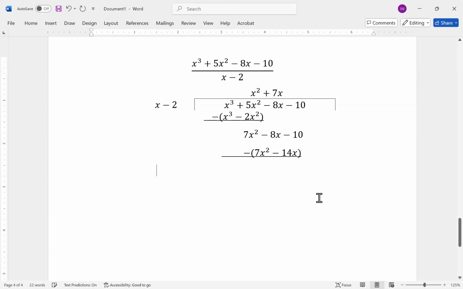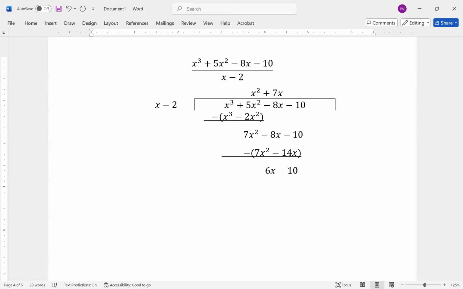When I subtract that, what I end up with, 7x squared minus 7x squared gives me 0. 8x minus a negative 14x, that's 8x plus 14x. That gives me 6x minus 10.